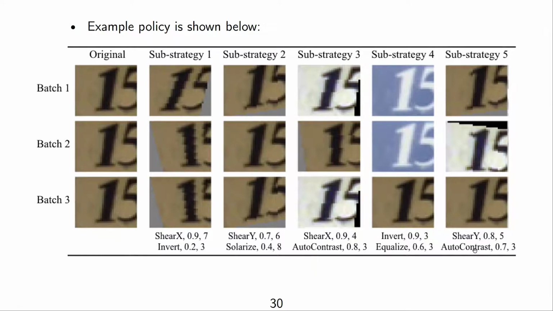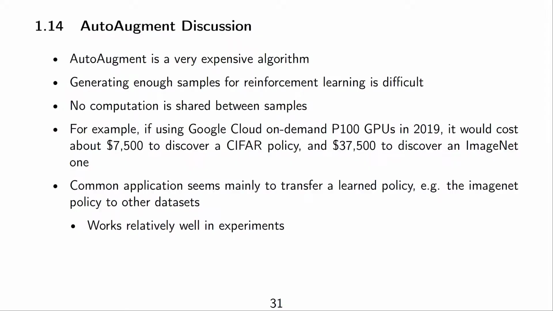Maybe let's look at the last one. Again, auto contrast and shear. So maybe here shear wasn't applied and auto contrast wasn't applied, it seems. And then here auto contrast was applied and shear was applied, and up here only shear was applied.